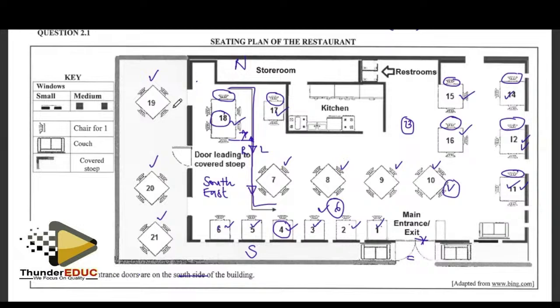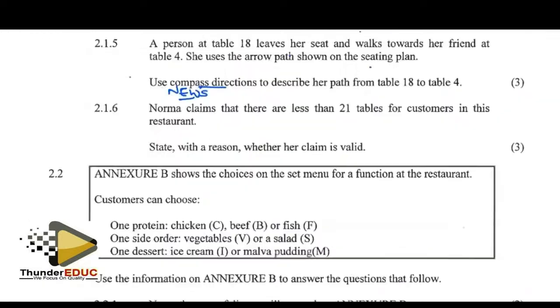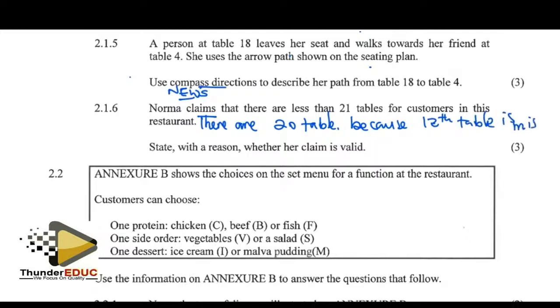Together? So we say there are 20 tables because the 13th table is missing.